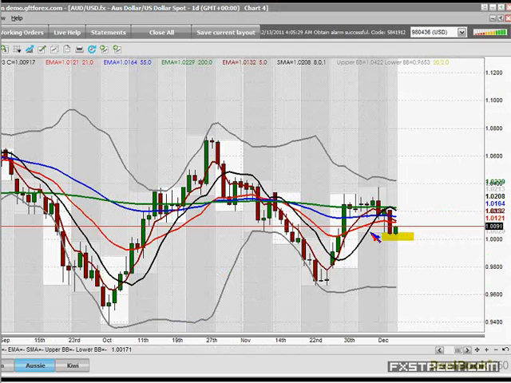So we might find enough support on the daily level, which I think we can come down another level to the psych level. But just in case, you're not always right. Well, if it finds enough support on the daily, it's going to fib the entire drop.